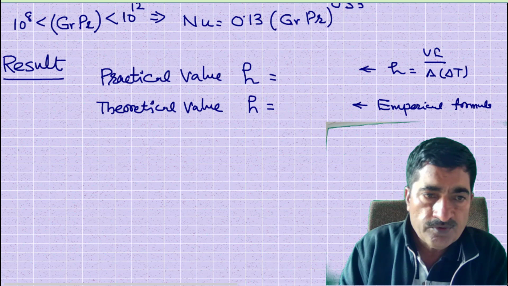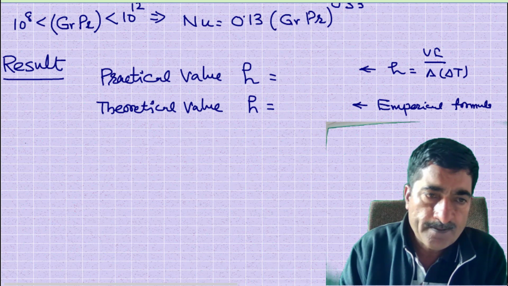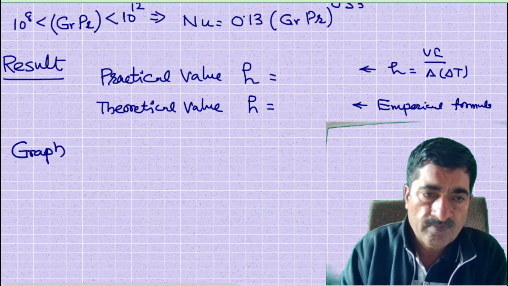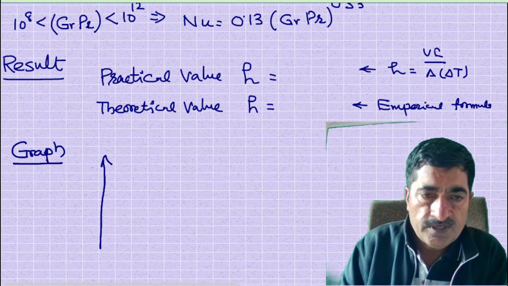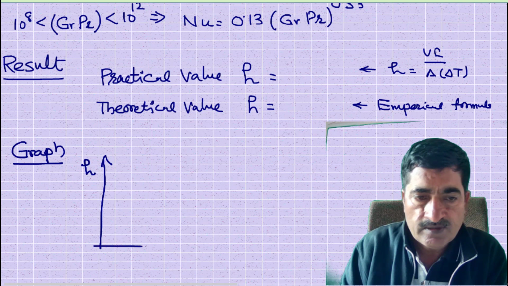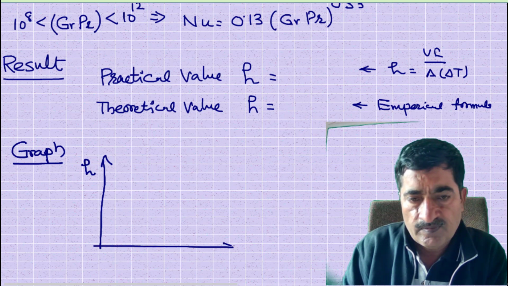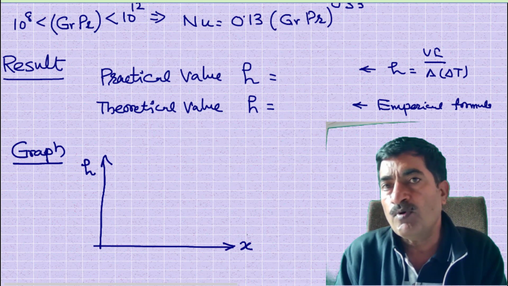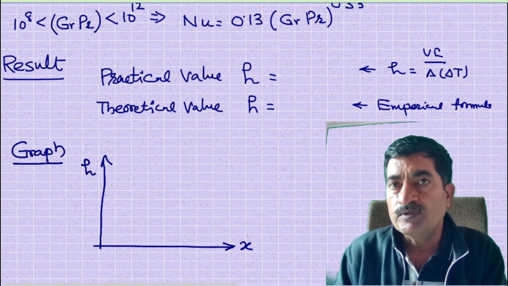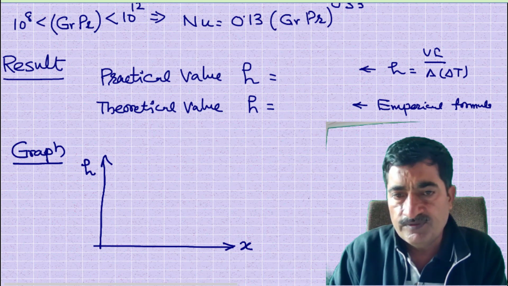Now you have to draw the graph of heat transfer coefficient H versus X, where X is the distance from bottom to top of the cylinder.